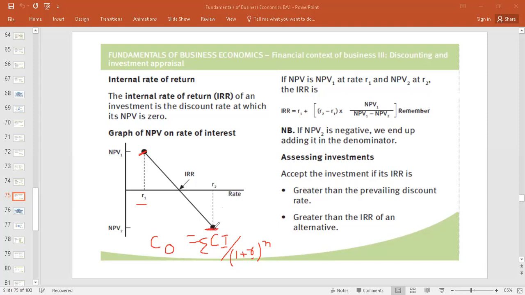What is IRR? We don't want a positive figure or a negative figure, but rather we want the NPV to be 0, which means the present value of the cash inflow should be exactly equal to the cash outflow.